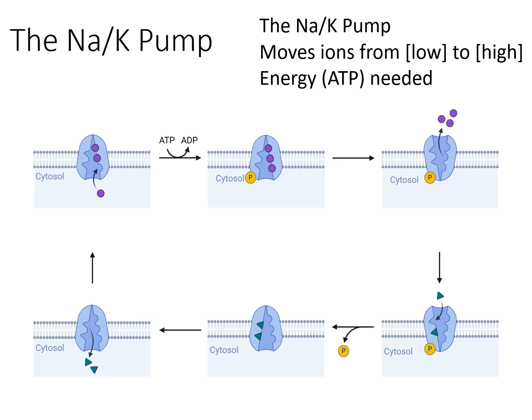I have a picture here, well, actually I have 6 pictures here, of an interesting little protein called the sodium-potassium pump. It uses ATP and active transport to maintain the sodium-potassium gradients in your cells. Sodium is in high concentration outside your cells, and potassium is in high concentration inside your cells.